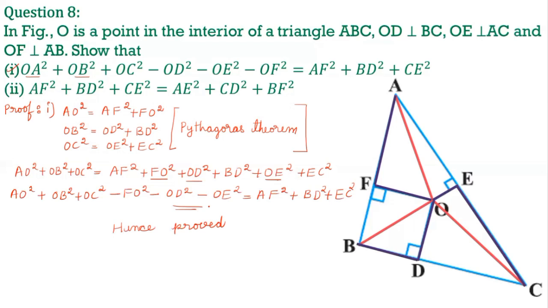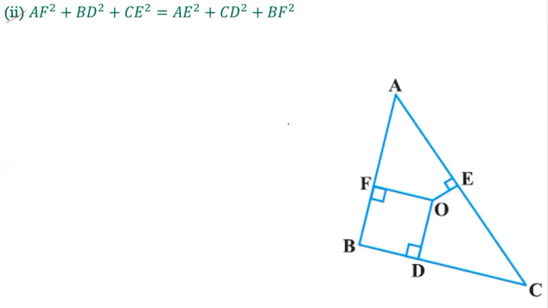Now let us prove the second one. The second one is to prove AF square plus BD square plus CE square is equal to AE square plus CD square plus BF square. Now observe, where is AF? OF, OD and OE are perpendicular to AB, BC and AC, it is given.